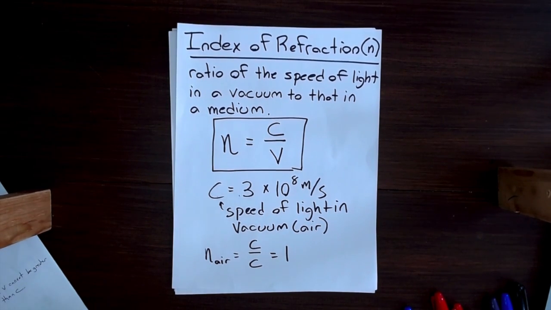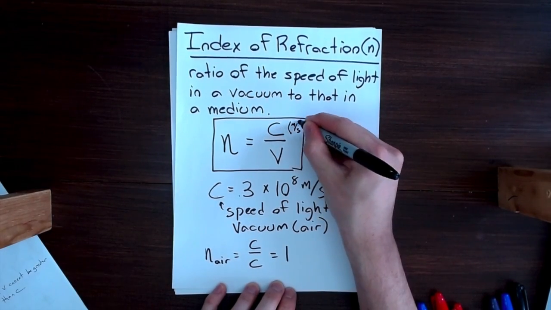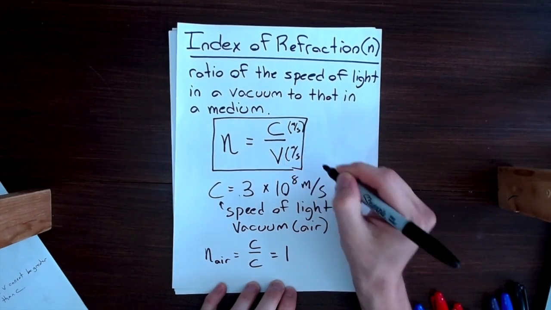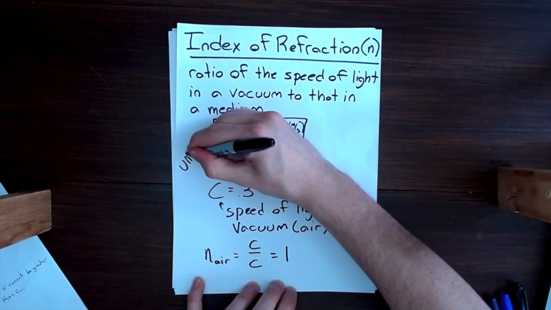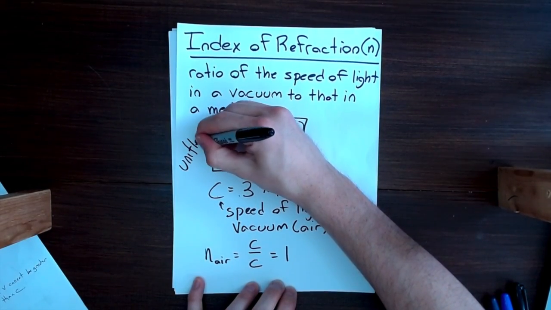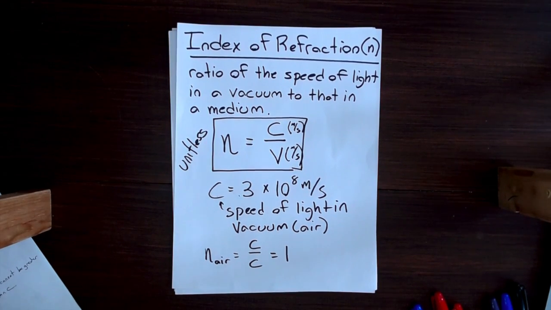A few important things about the index of refraction. One is, if we take a look at this, we have meters per second over meters per second. Those are my units. And so I can say that this is a unitless quantity, and that should not be surprising since it's just a ratio, and ratios will be unitless.